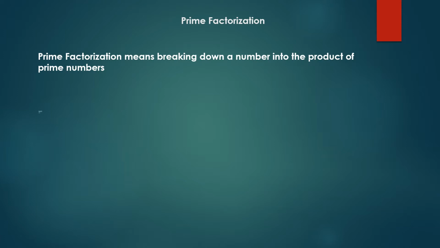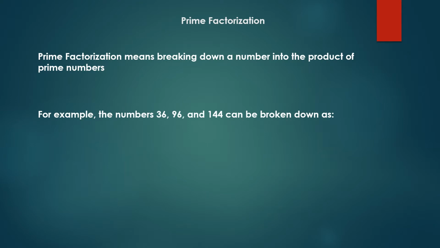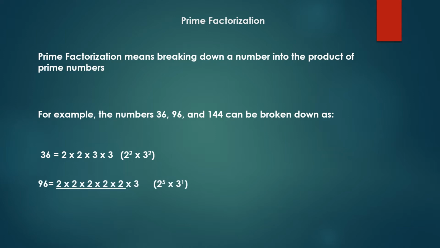For example, the numbers 36, 96 and 144 can be broken down as: 36 equals 2 into 2 into 3 into 3, that is 2 square into 3 square. 96 equals 2 multiplied by 2 5 times into 3, that is 2 to the power of 5 or 2 raised to 5 into 3 raised to 1.